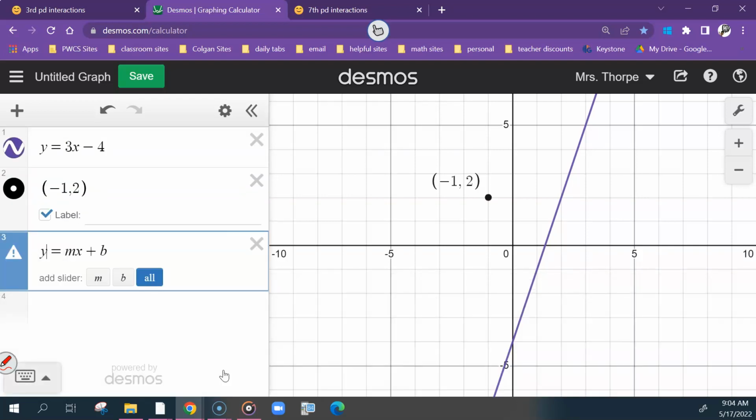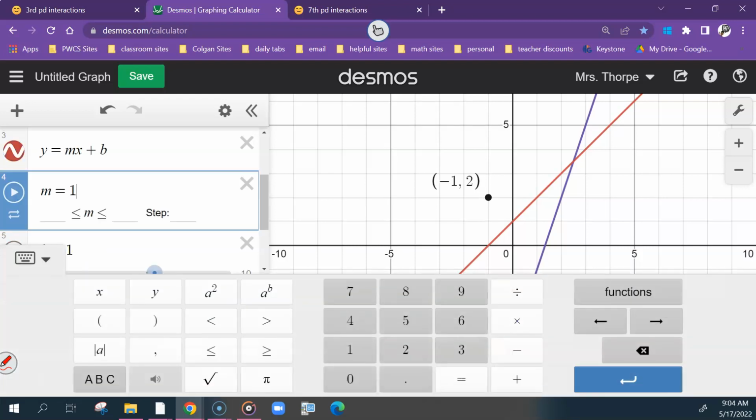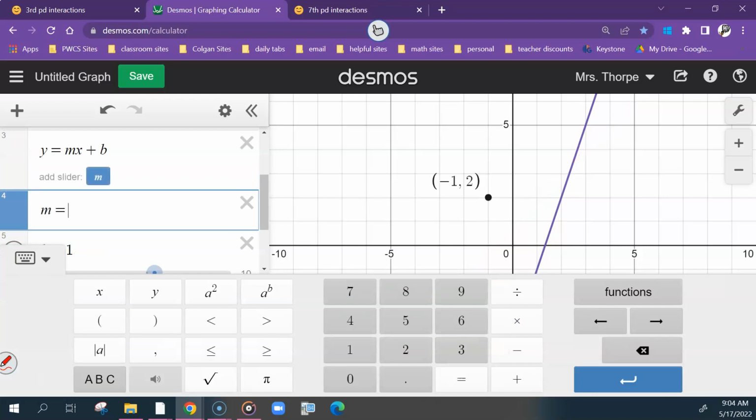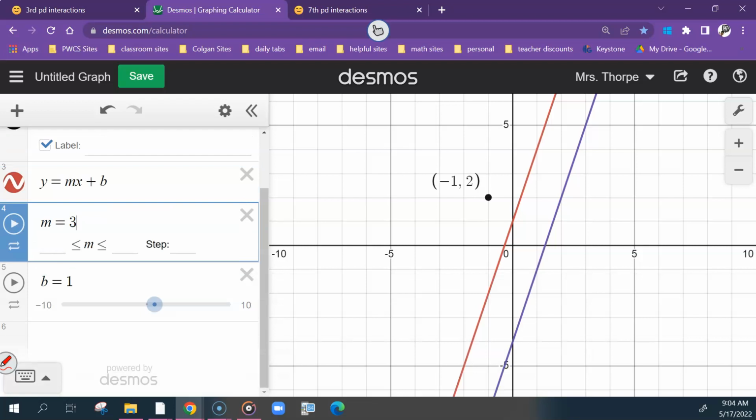It's going to ask me to add sliders. I'm going to choose all. And then if this is parallel, it needs to be the same slope. So I'm going to change this value to 3. You could move it to 3 also, but just typing it works.